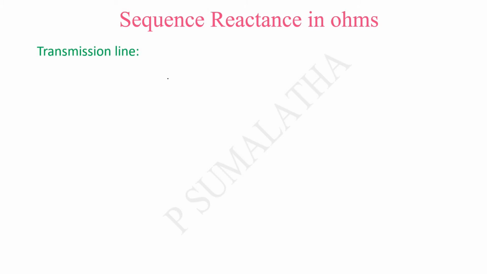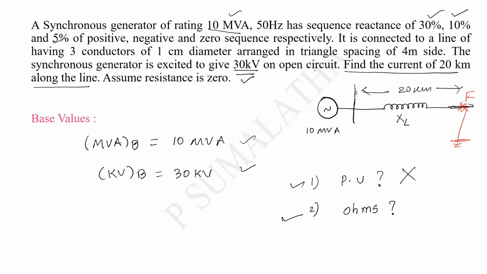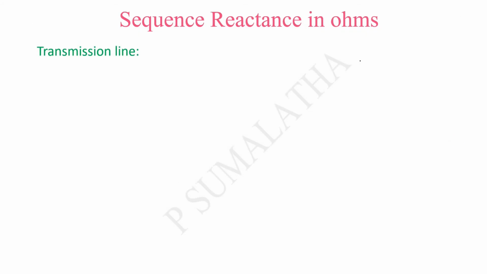Let us see what that is. Here they have given that the generator is connected to a line having 3 conductors of 1 centimeter diameter arranged in a triangle spacing of 4 meter side. And we know generally the transmission line will have a resistance as well as a reactance value.